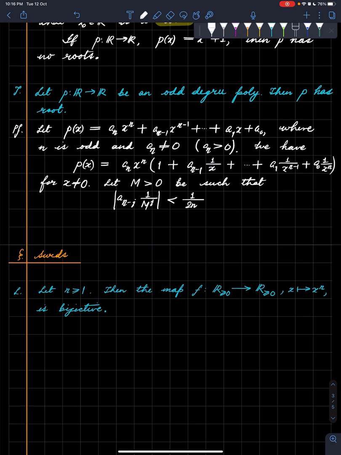And you'll see why I have chosen this 1 by 2n, and I could have chosen 1 by 10n or anything. A lot of things could work here, but I have just chosen this for convenience.